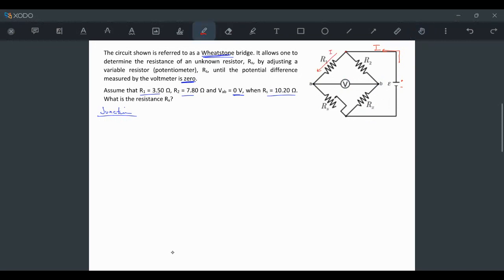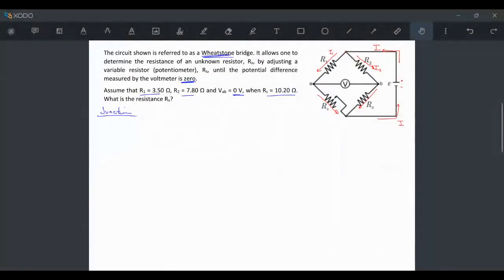We have I1 traveling down the left branch, and I2 traveling down the right branch. They both continue, meet up again at the bottom, and recombine, and we have, yet again, I traveling back into the negative terminal of the battery.